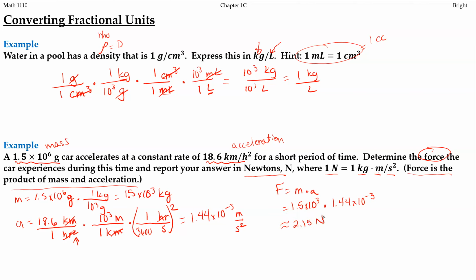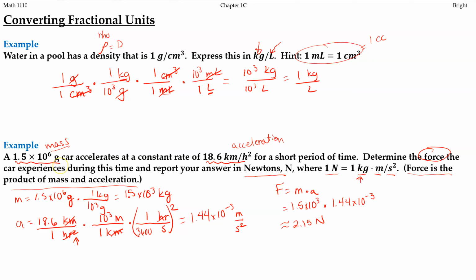So again, the whole scheme here is to take things bit by bit, and there might be a lot of information thrown at you. Look at each number that you're given, identify what measurement is associated to it, and then take that unit and convert it as needed into whatever units are being asked for.